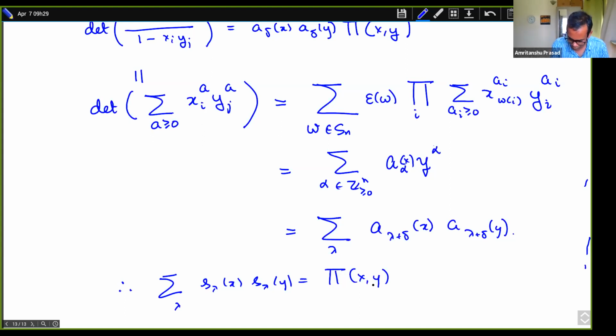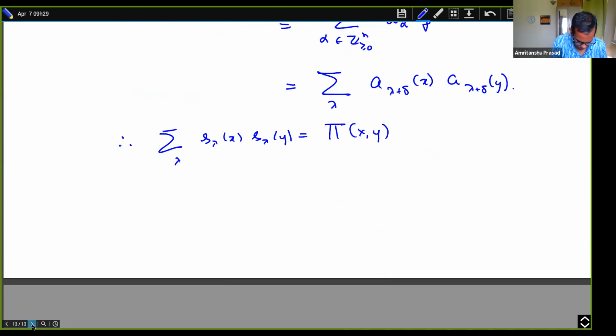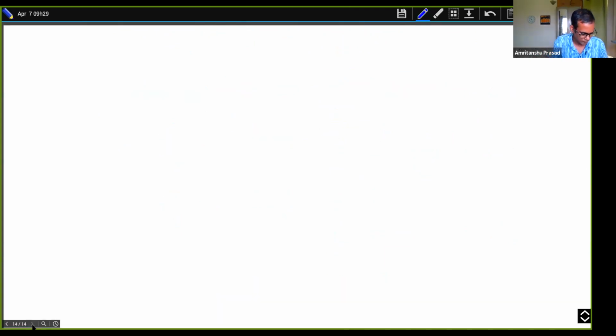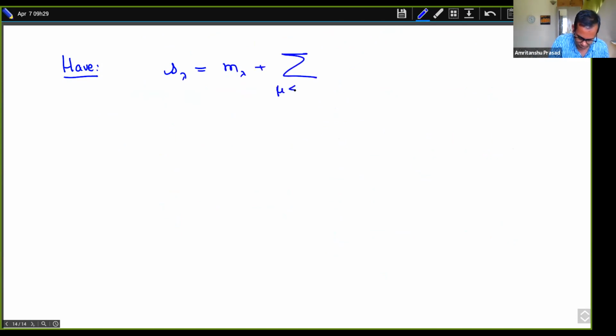So this shows that these Schur polynomials actually form an orthonormal basis for symmetric functions under the inner product, which is often called the Hall inner product. So what we have, and this is very important, is that Schur functions have an upper triangular change of basis with respect to monomial symmetric functions.